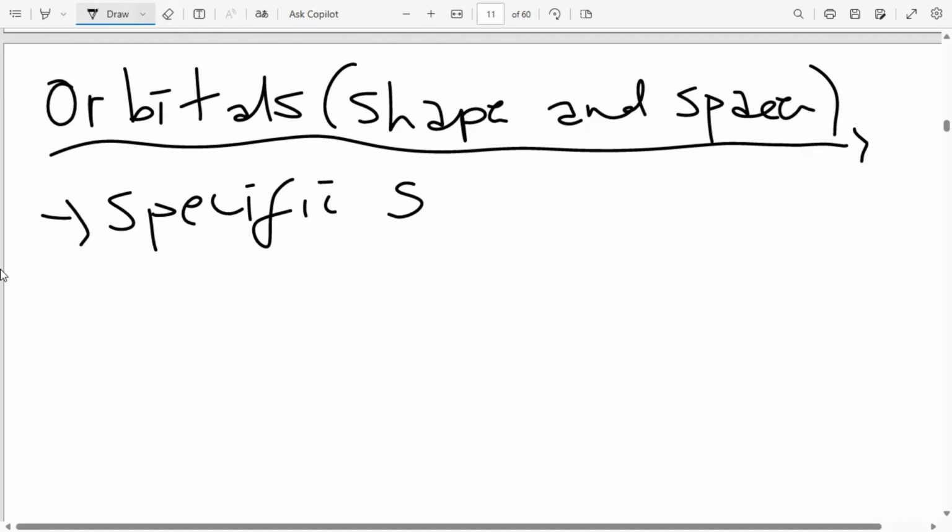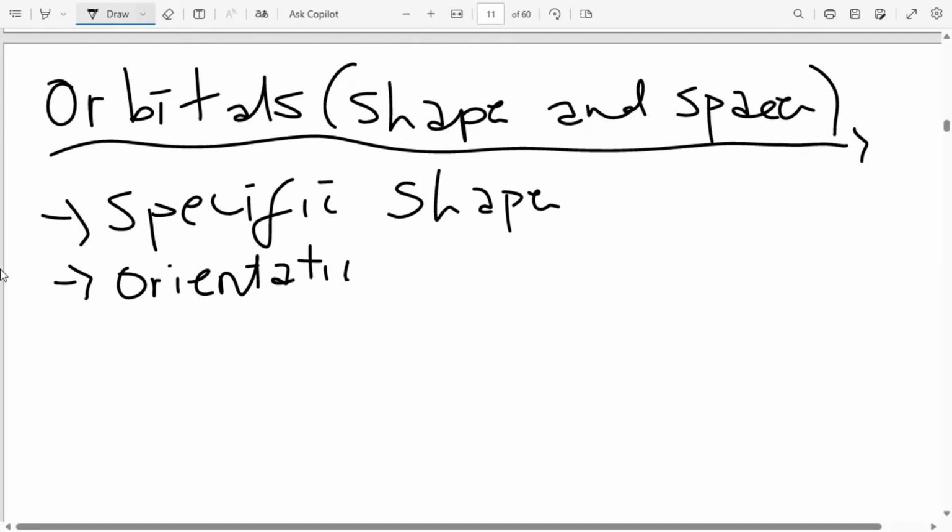Each individual orbital has a specific shape, but also orientation in space. And by having these two characteristics, they can accommodate different amounts of electrons depending on the number of orbitals that you're talking about, or the subshell.